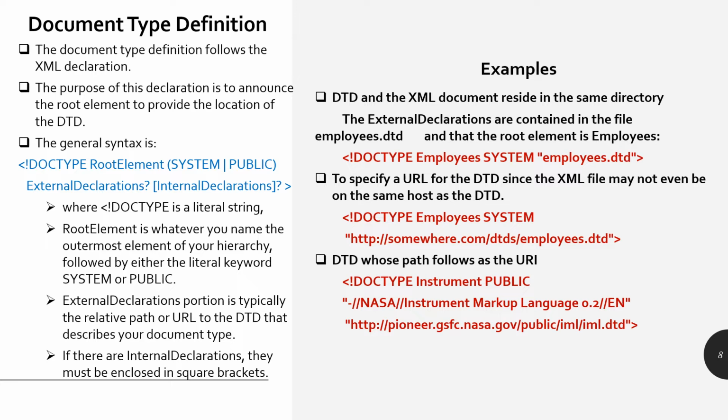The general syntax for this document type definition, that is DTD, is DOCTYPE, then the root element. We need to specify SYSTEM or PUBLIC according to the type we use. It can be an external or internal declaration.